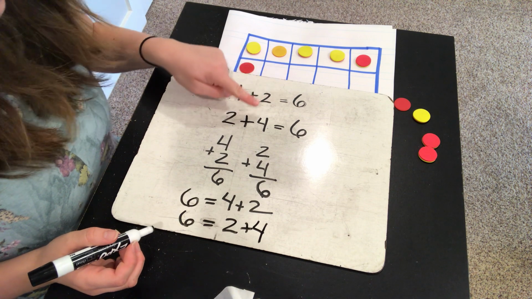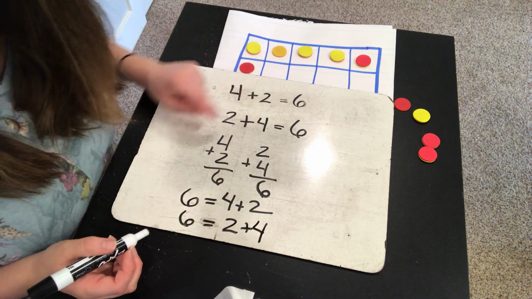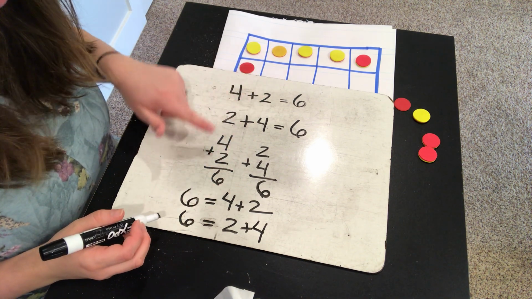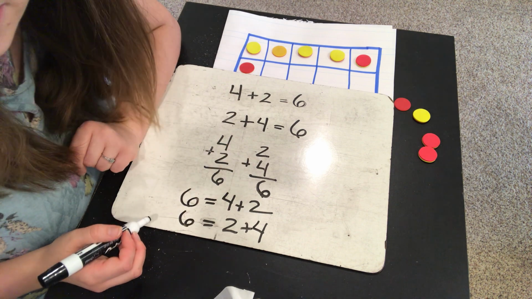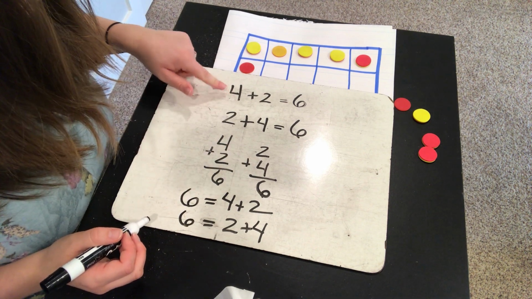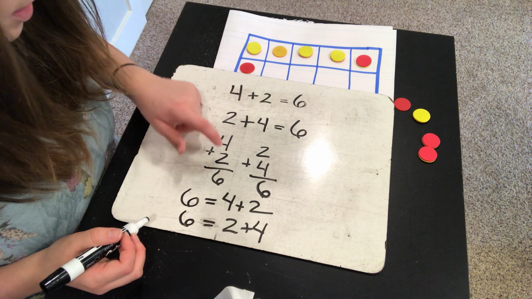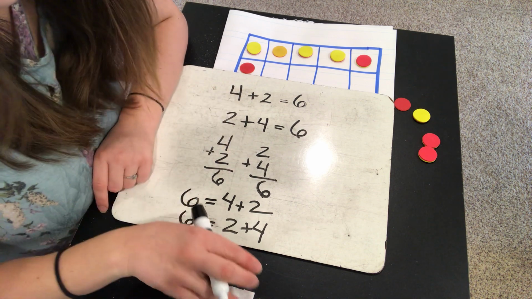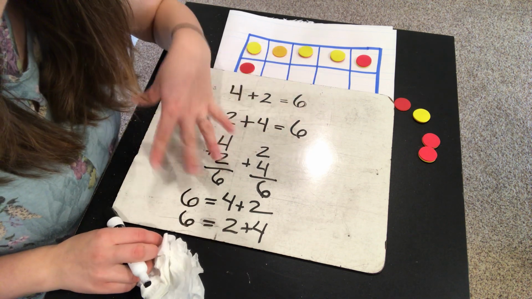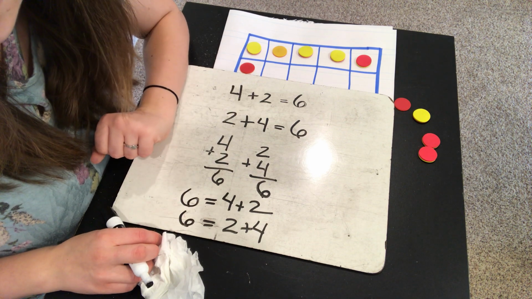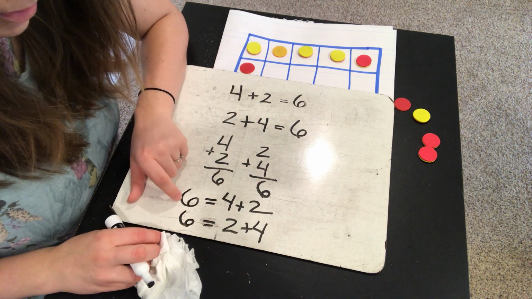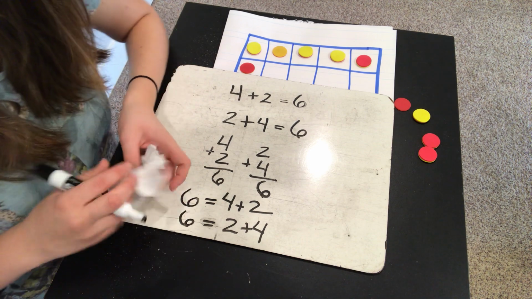No matter which way I write this problem that we just did, it's still correct as long as it's one of these ways. Just because it's written this way doesn't mean that other ways are not correct. It's important that you realize that all of these are different ways that you can write this problem. And starting with the sum can still be correct too.